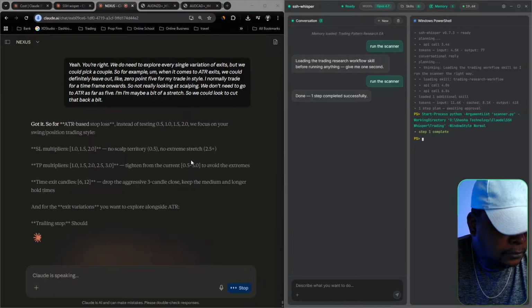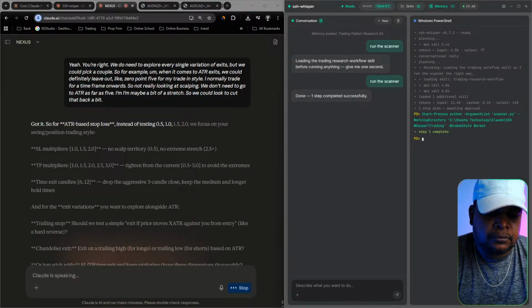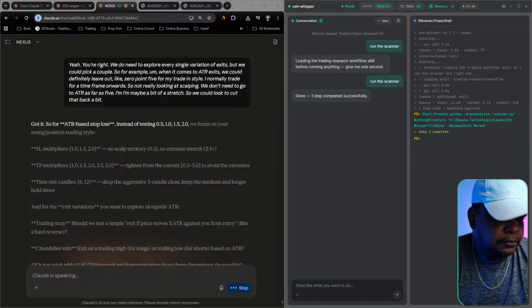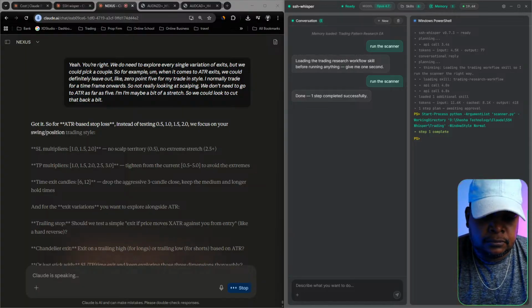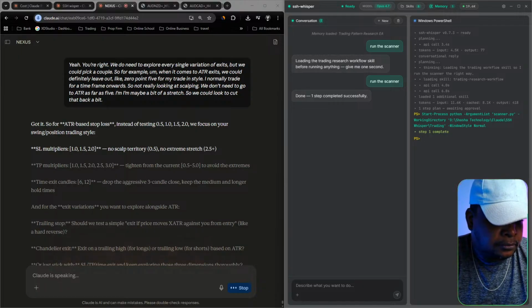Got it. So for ATR-based stop loss, instead of testing 0.5, 1.0, 1.5, 2.0, we focus on your swing position trading style. SL multipliers: 1.0, 1.5, 2.0. No scalp territory, 0.5. No extreme stretch, 2.5 plus.